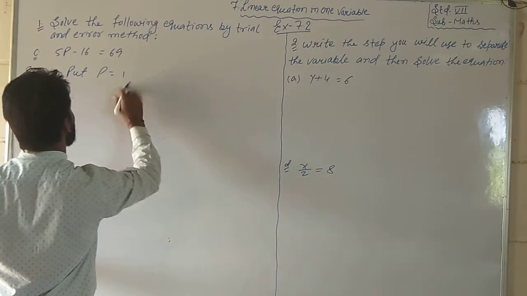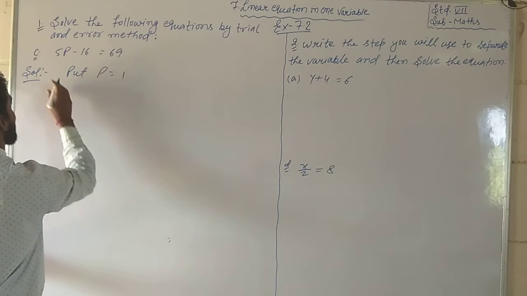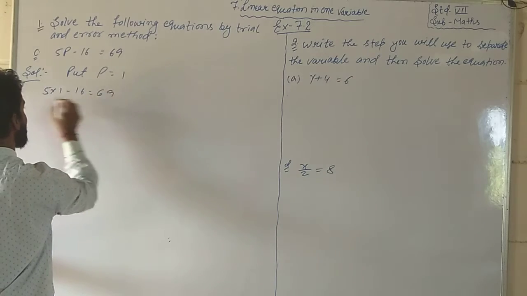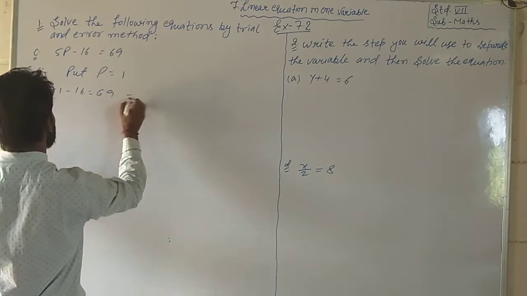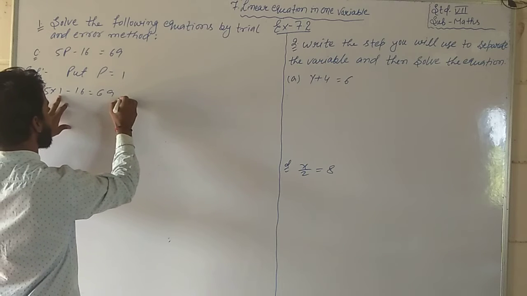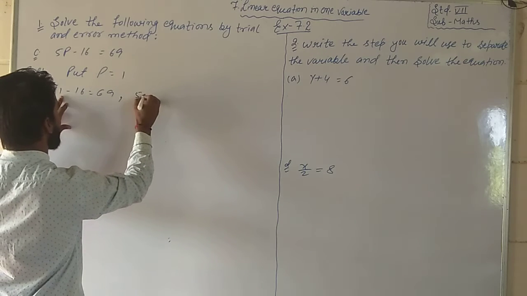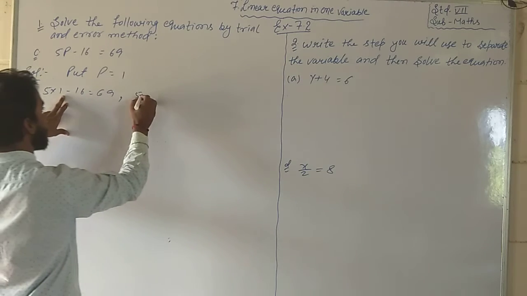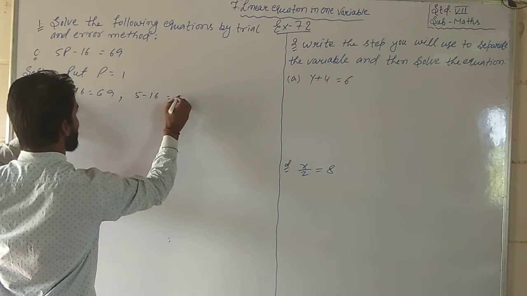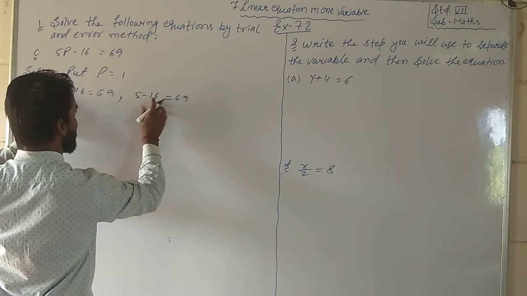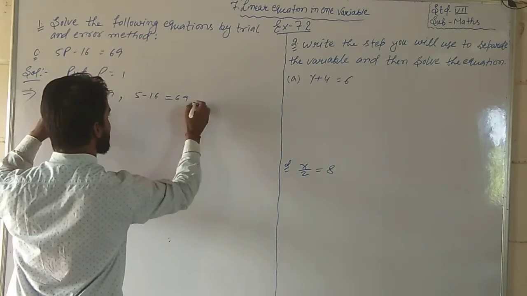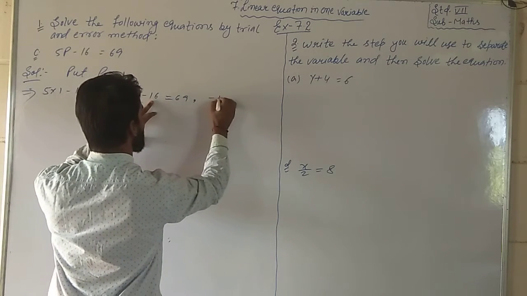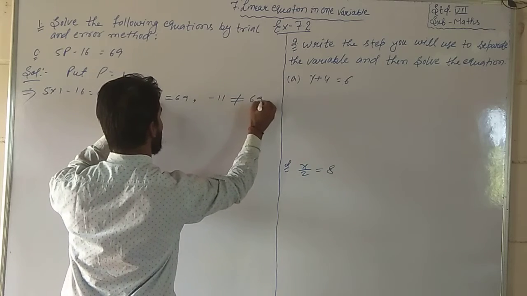Let's see, first put 1. After putting 1, what value will come? 5 into 1 minus 16 is equal to 69. 5 minus 16 is minus 11, which is not equal to 69.